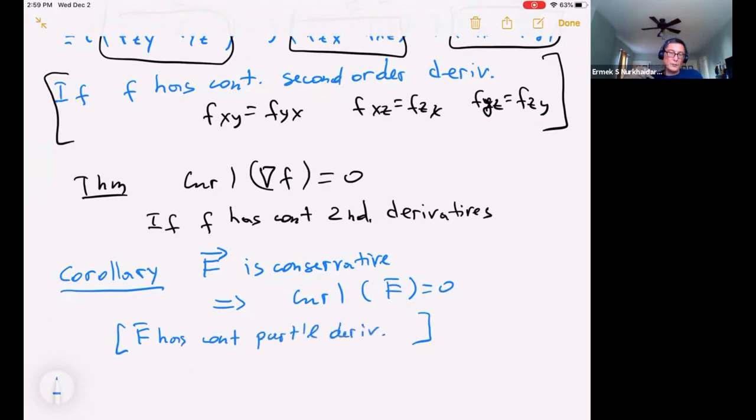I'm not saying second order because I'm already treating F as the first derivative, so one less. So that's a way to check conservative. We know how to check it for the two-dimensional case, and now we know how to check it for the three-dimensional case.